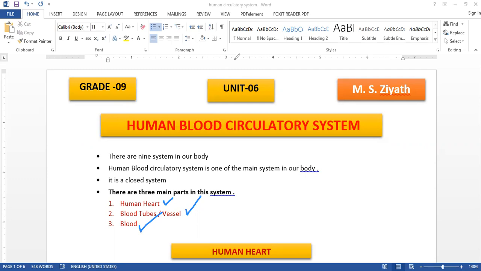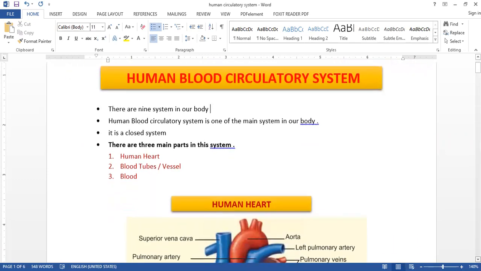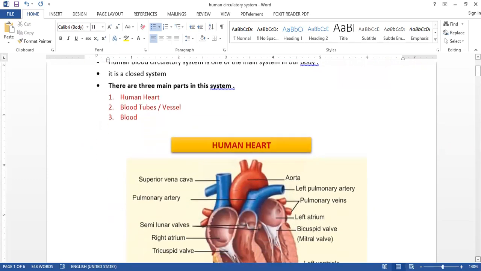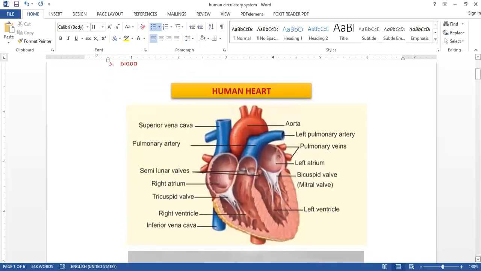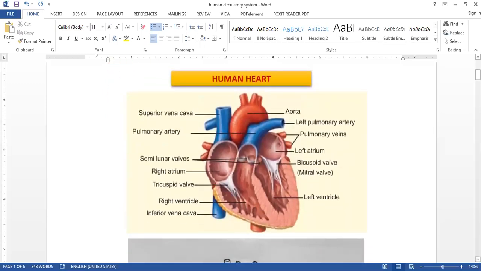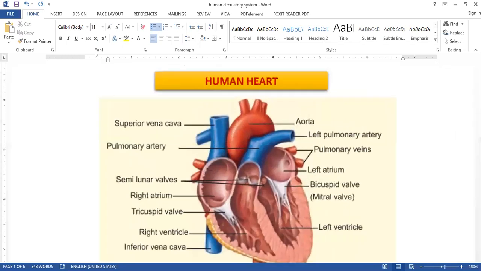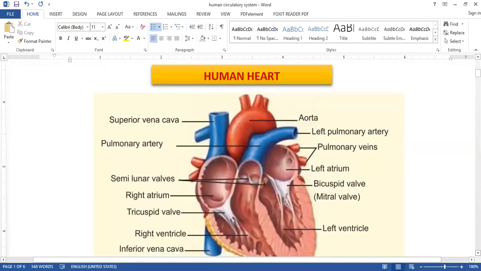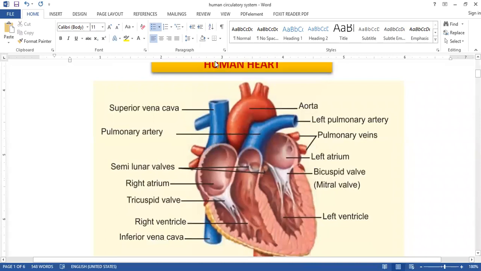Okay, now let's talk about the human heart. I have given a picture of the human heart here. This is the picture you must know, which is in your book. The human heart is shown as a longitudinal cross section.